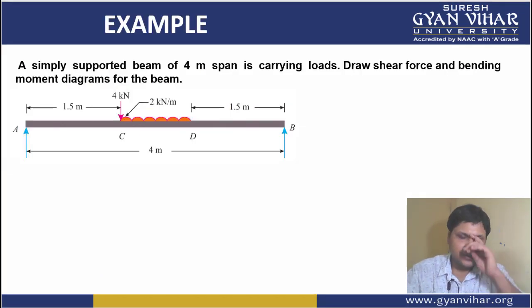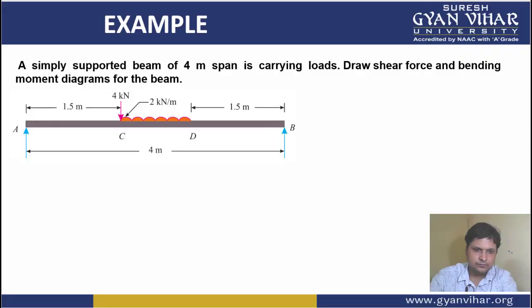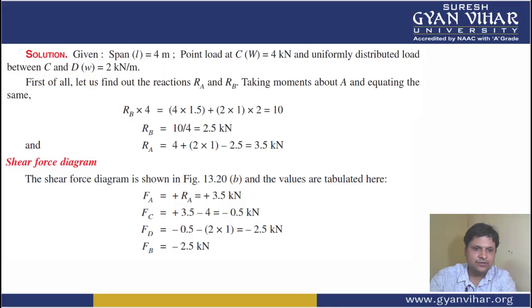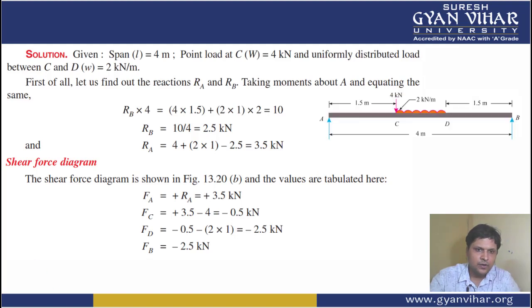So for that, you can see in the diagram, students, if we start from one of the sides. If we calculate the value of the shear force and bending moment at this particular point, if we start drawing the diagram at point A from the left hand side, the first force is RA, and since it is going upwards, we are taking it as positive.